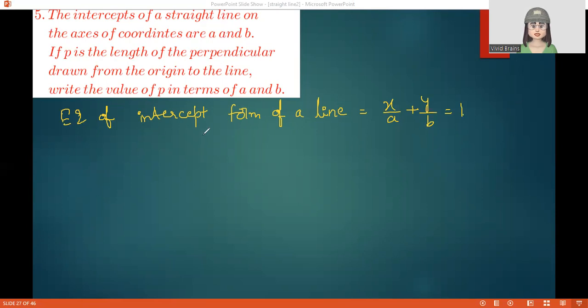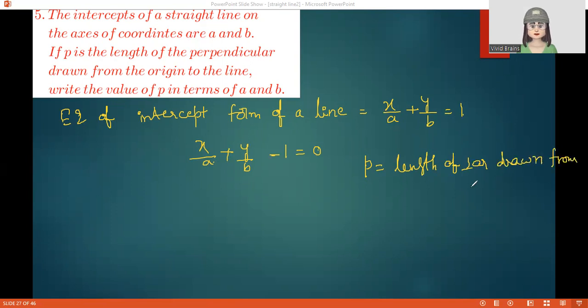So we can write this as x by a plus y by b minus 1 is equal to 0, right? P is the length of the perpendicular drawn from the origin to the line.